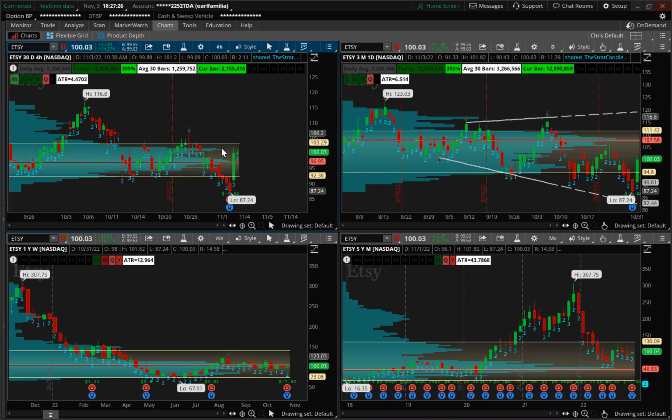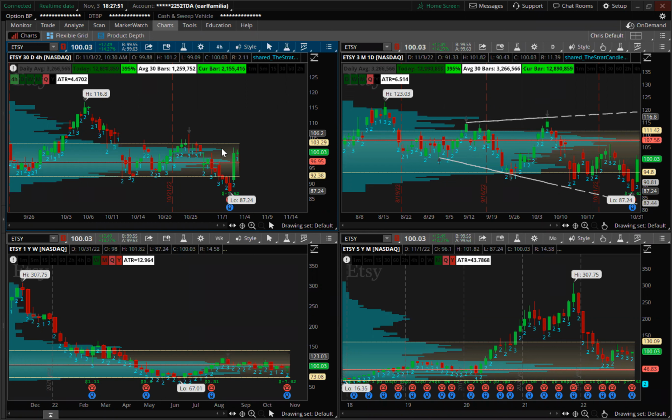But Etsy, inside 4 hour, looking at a 212 bullish continuation. It's something that you could take a look at and consider. I think if we're bullish, continuity is in your favor in terms of the micros. However, the macros, you're still working on that.